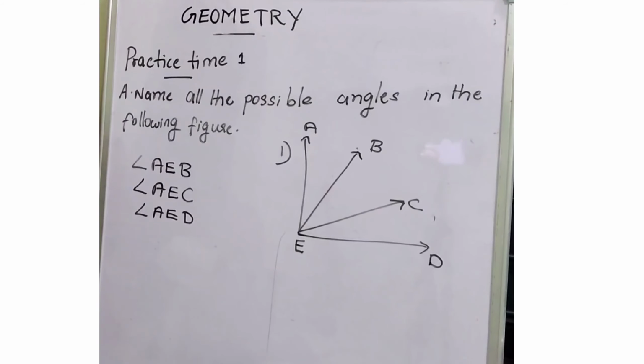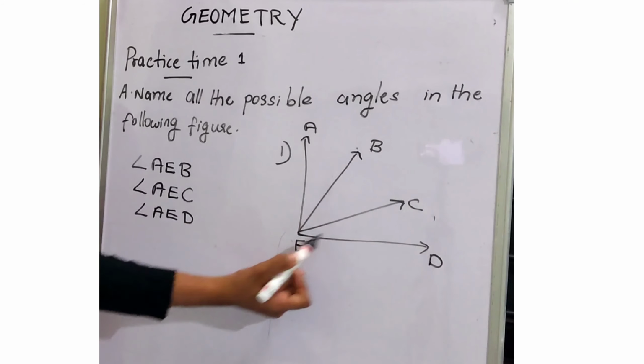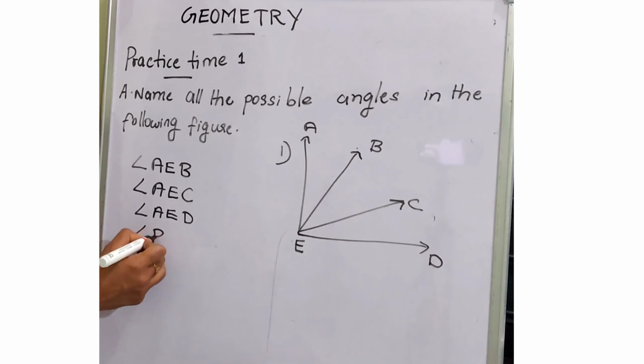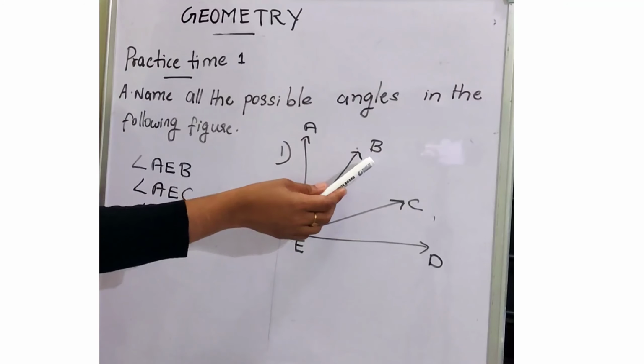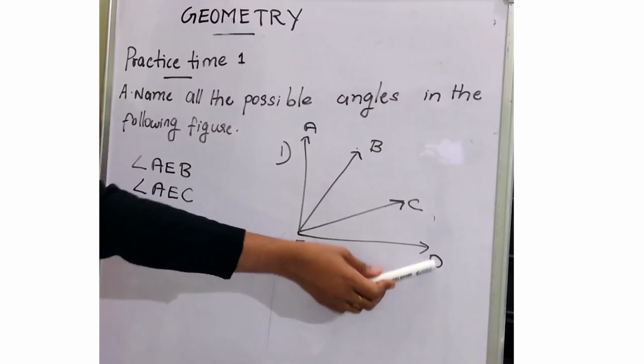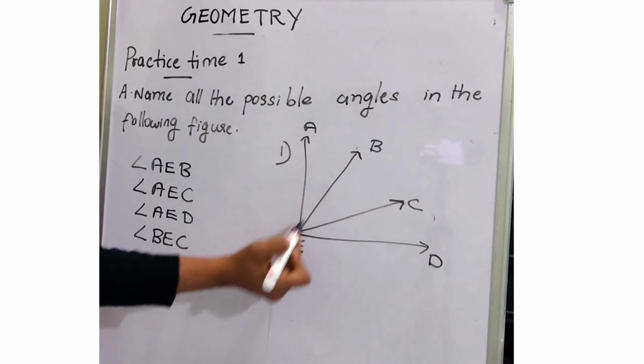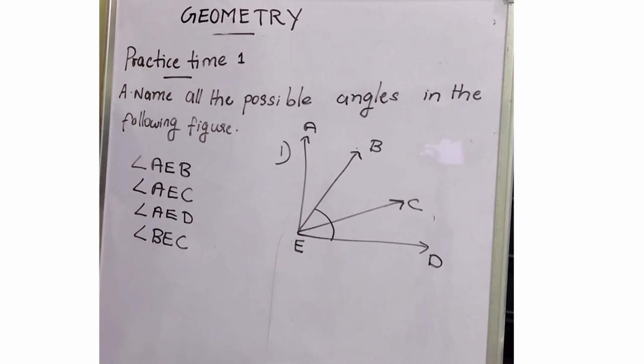Now what is next? By using ray EB, you can see another angle, that is angle BEC. This is an angle. Now what is the next angle? The next angle is angle BED, isn't it? Angle BED means this angle. Now what is the next angle?